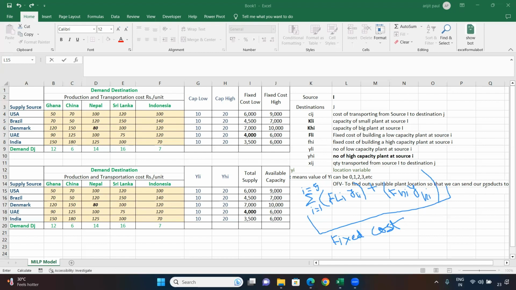This is one part of the objective function. Now, what is the other cost? The other cost is the variable cost or the operation cost. Okay. What is the operation cost? The transportation cost will be our operation cost.